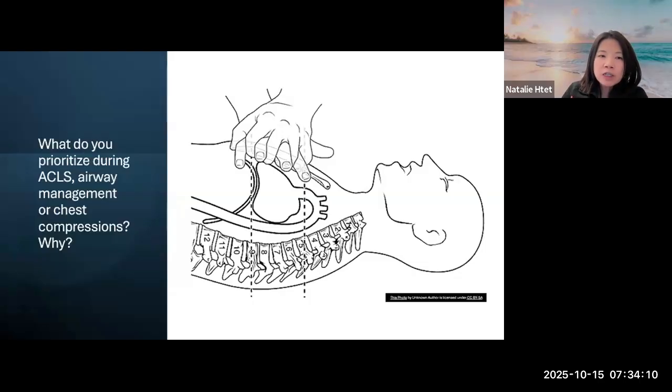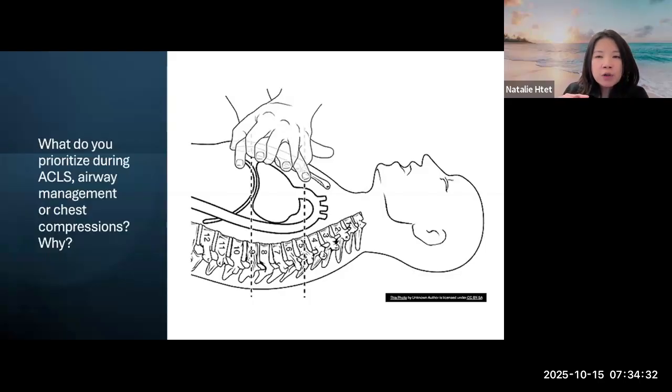High quality meaning you want to do compression at a rate of 100 to 120 per minute. You want to push on the chest, making sure that you are pushing at least 5 to 6 centimeter depth and allowing for a full recoil. And that is associated with better survival and better neurologic outcomes.